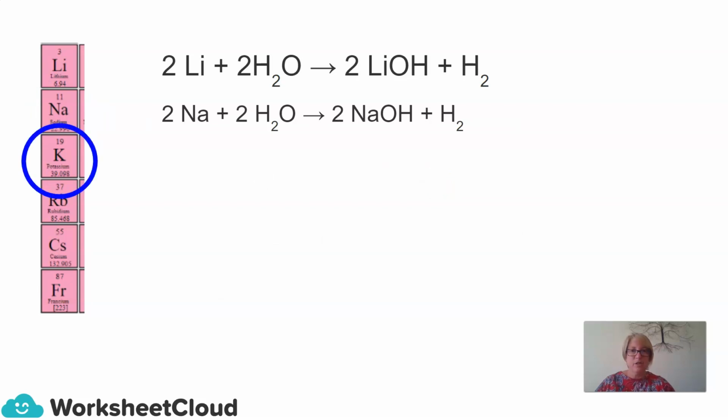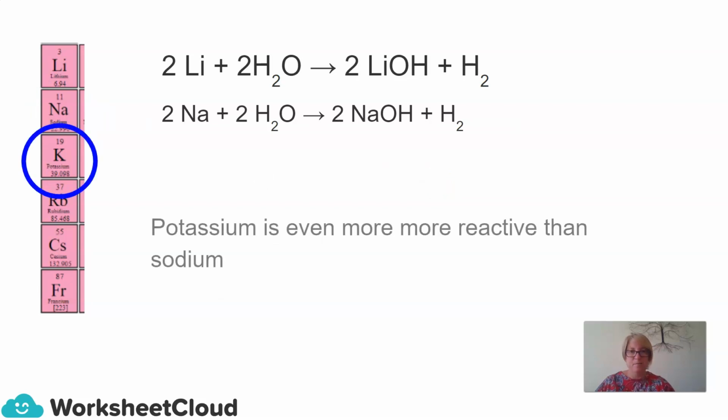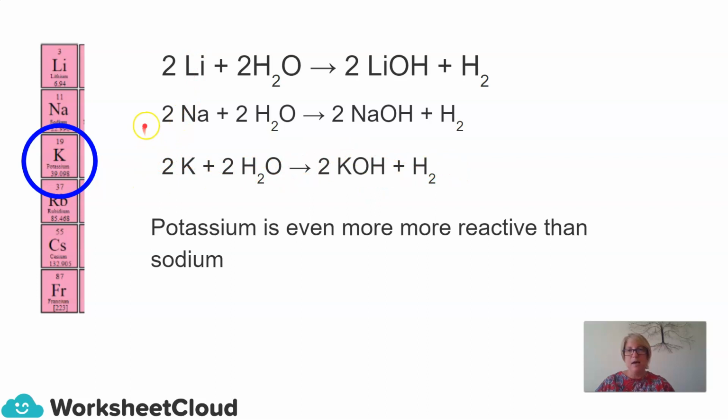The next element in group 1 is potassium. Now potassium, remember, is even more reactive than sodium. And there is our equation. And again, I would like you to see what similarities you can draw between the chemical reaction for potassium compared to sodium compared to lithium.